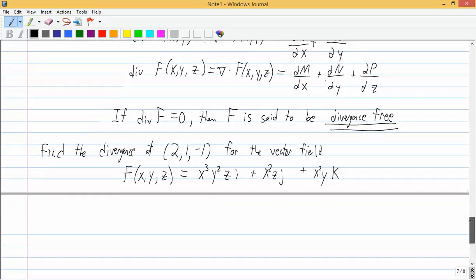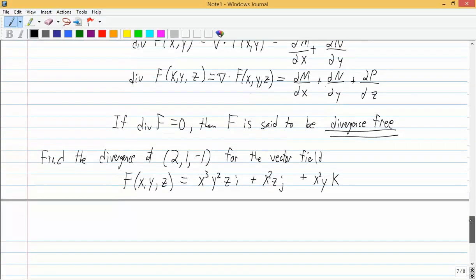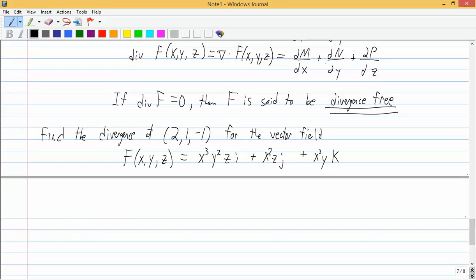Alright, so we follow our formula. This is a function in 3 variables. Partial of m with respect to x, partial of n with respect to y, partial of p with respect to z. Div f of x, y, z is going to equal partial of m.